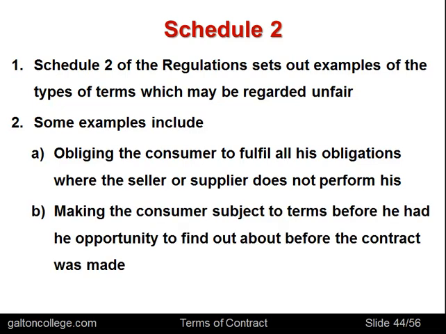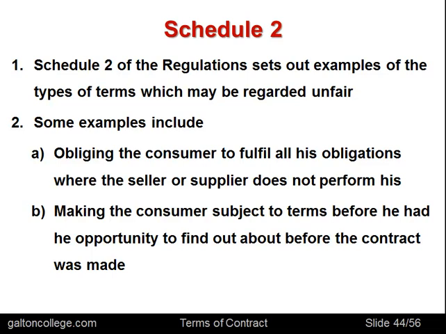Clearly an unfairness. Making the consumer subject to terms before he or she had the opportunity to find out about the contract, before the contract was made. So making the consumer subject to terms of the contract before the contract was made. So in other words, dating the contract backwards in time.